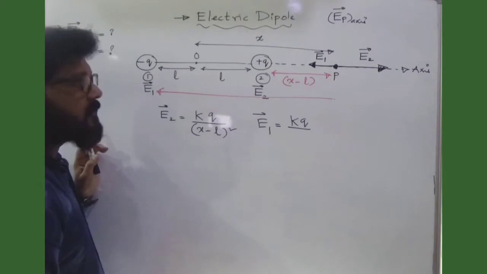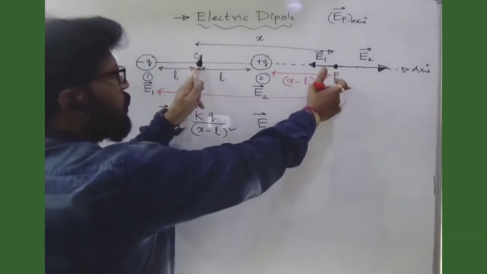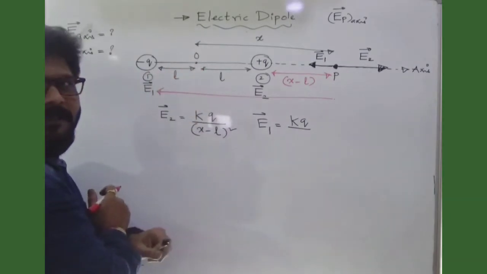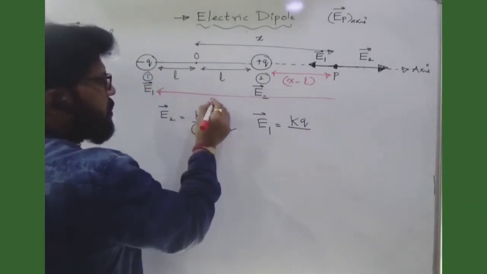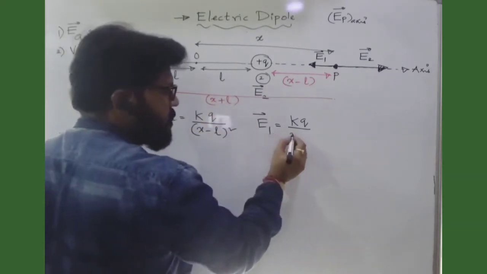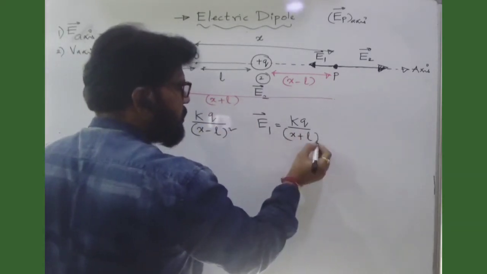No. Look, from point P to O it is x, and the distance after that is L. So x plus L. Sorry. Now you can substitute: this is x plus L whole square.